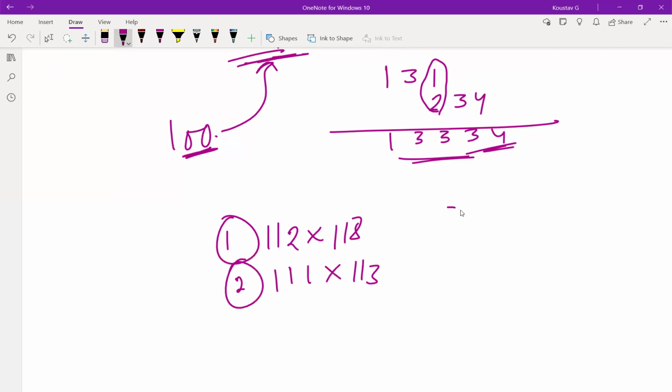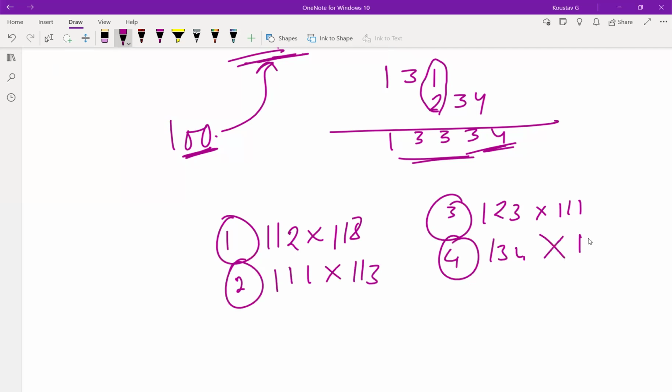Third, 123 multiplied by 111. And 134 multiplied by 145. Just write the approach and the answers in the comments.